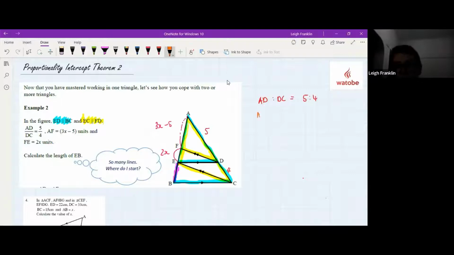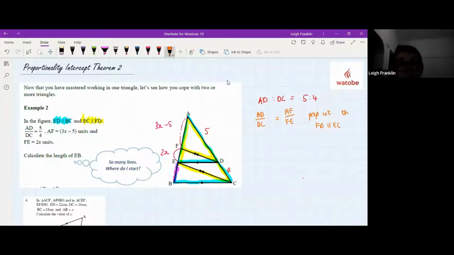So AD over DC is going to be equal to AF over FE. Okay, so we're working in the yellow triangle. Proportionality intercept theorem, and that is because FD is parallel to EC.